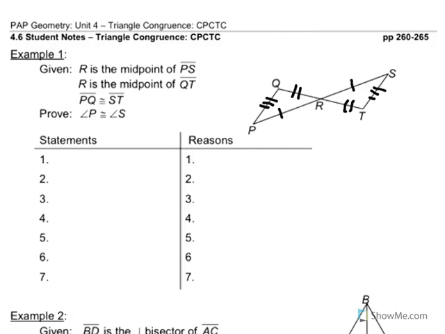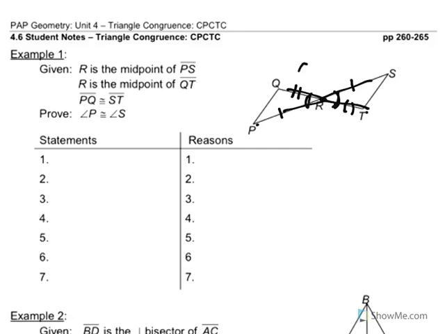But let's say instead of that, we say this angle QRP is congruent with TRS.